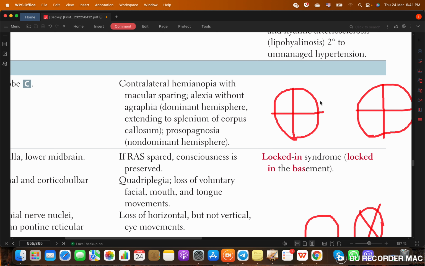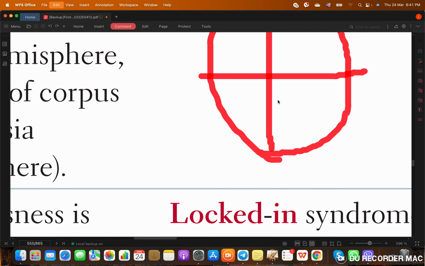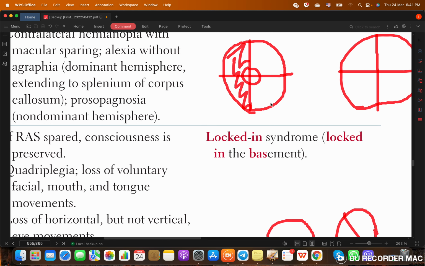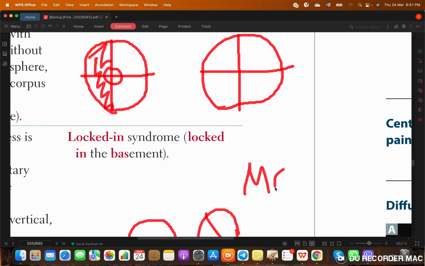So when you look at this side of this patient, this area will be the one messed up. But it will not be full. Basically, this area will be spared, always, except in some situations. Why is it spared? It's spared because of the connection between the MCA and the PCA.